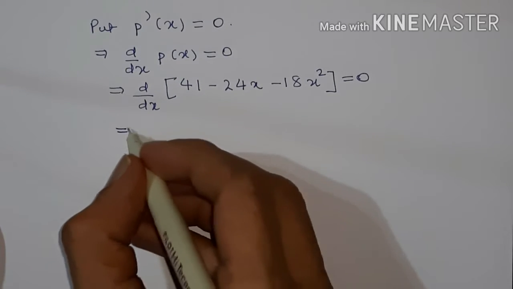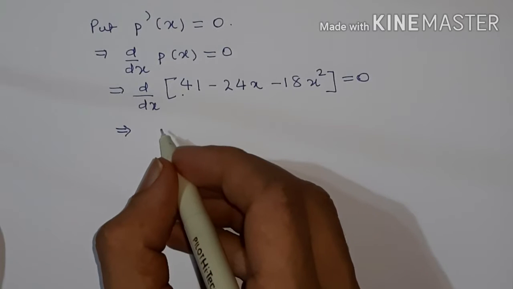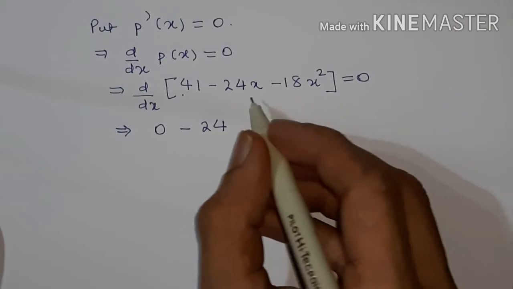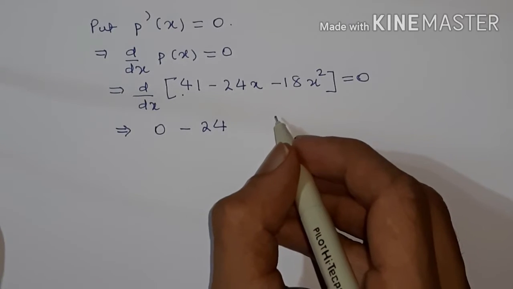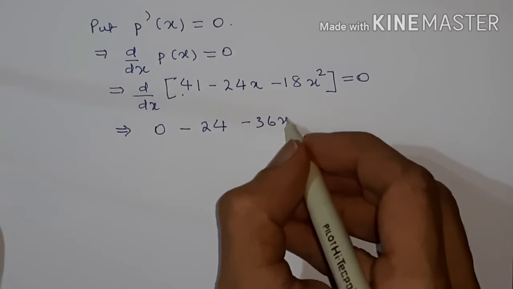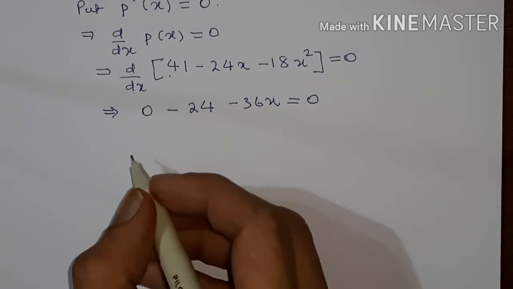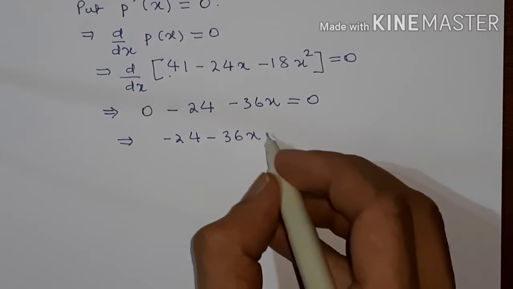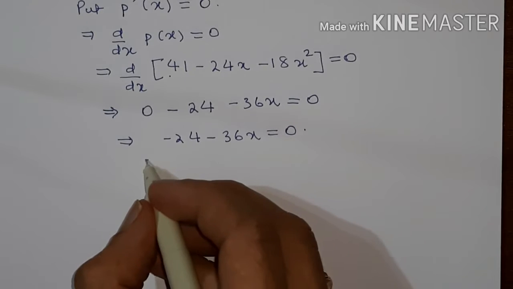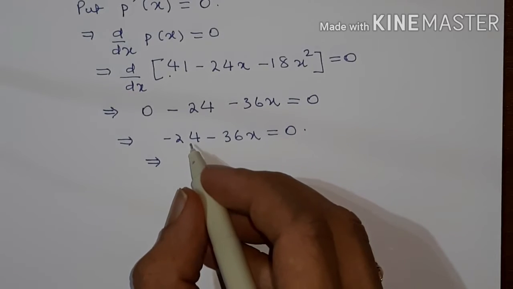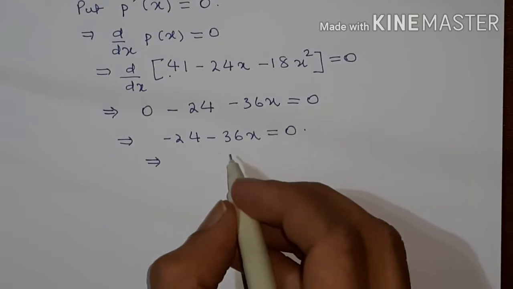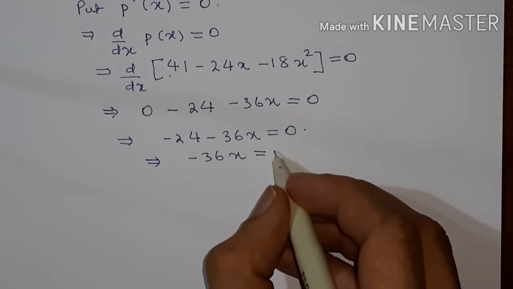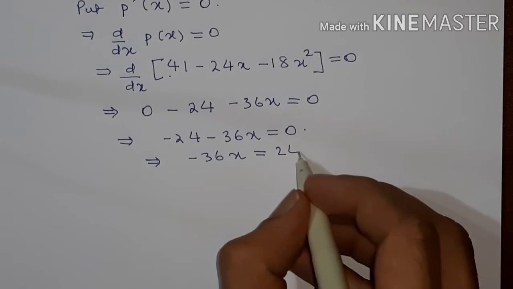Derivative of 41 is 0, derivative of minus 24x is minus 24, and derivative of minus 18x square is minus 36x, equal to 0. This implies minus 24 minus 36x is equal to 0. If I take minus 24 to the other side, I get minus 36x equal to 24.